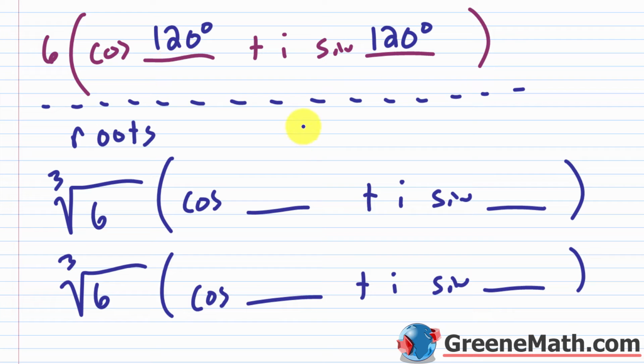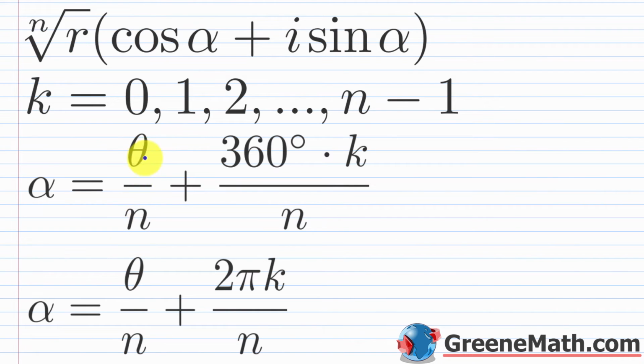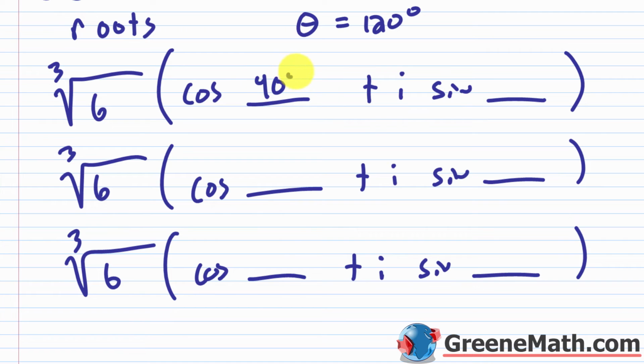Let's remember that I'm just going to put theta here is 120 degrees because this is going to get cut off. So for the first one, remember, we're doing theta divided by n. So in this case, theta is 120 degrees and n is 3, right? So 120 degrees divided by 3 is going to give you 40 degrees. And then it's plus 360 degrees times k over n, right? So let's come back. So this one is 40 degrees and this one is 40 degrees. And in each situation, you're adding what?